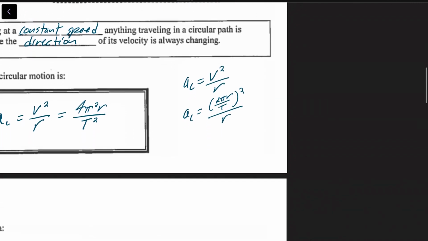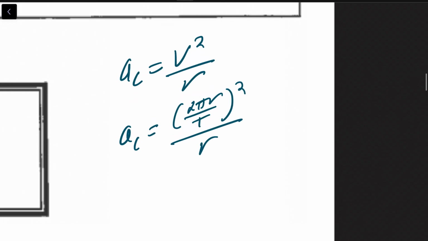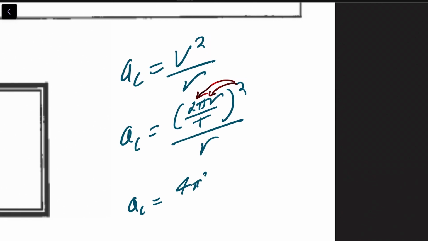Once everything is simplified, one of the r's is going to cancel out. The exponent is applied to the 2 to give you 4, and it's applied to the pi to give you pi squared.